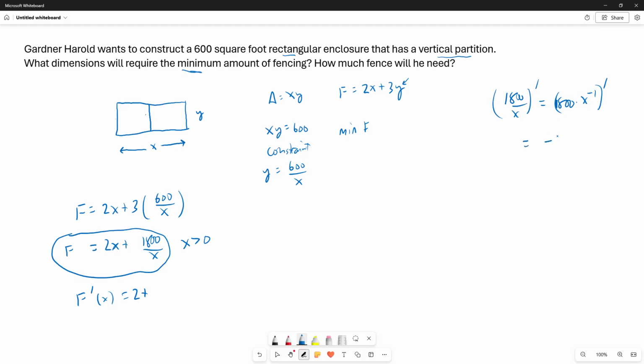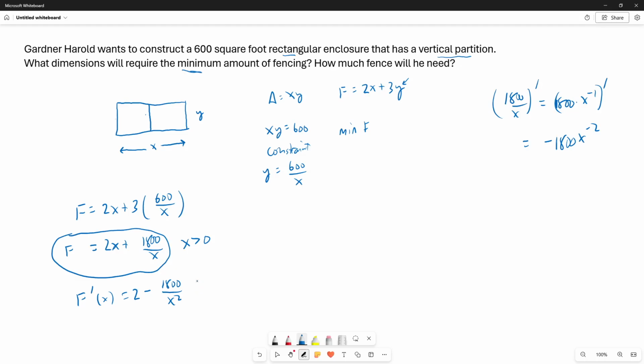We get negative 1 times 1800, x to the power negative 2, and that is negative 1800 over x squared.